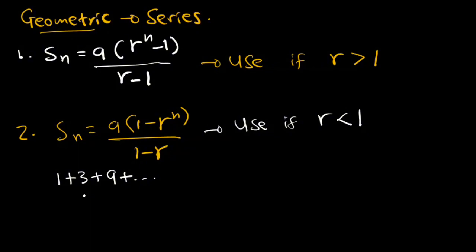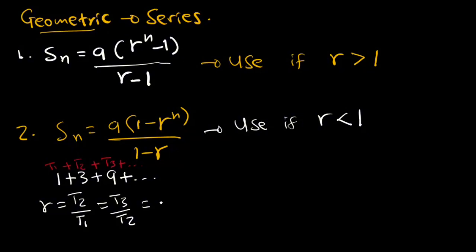Now, remember, from the previous videos that I did on geometric sequences, this will be T1 plus T2, T3, etc. Meaning R is T2 over T1, T3 over T2.